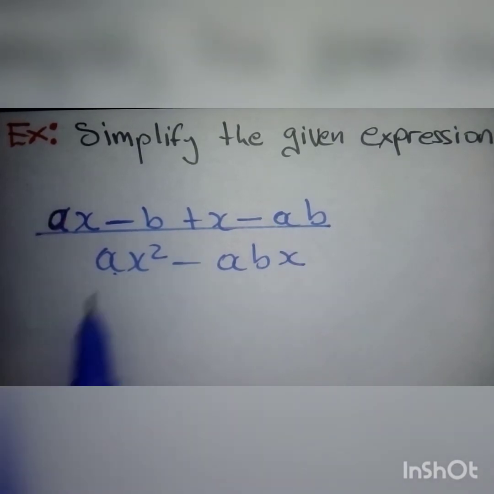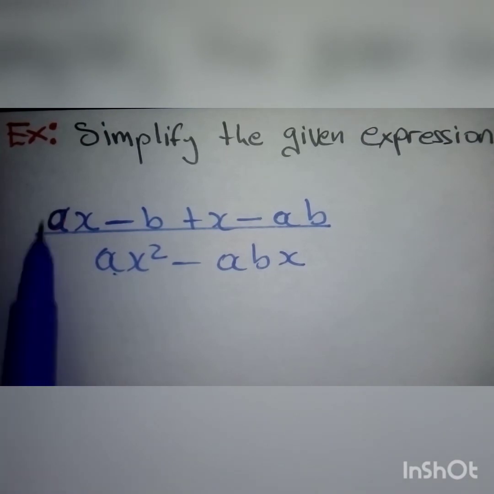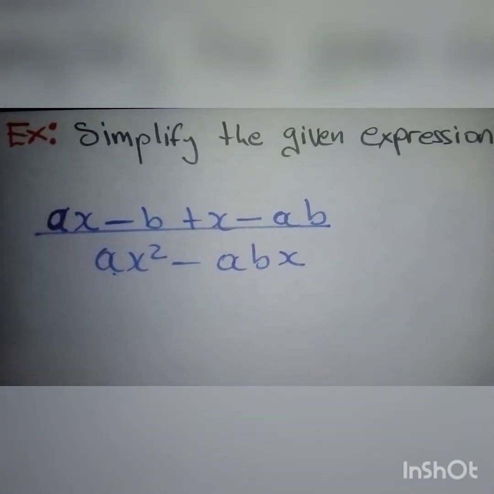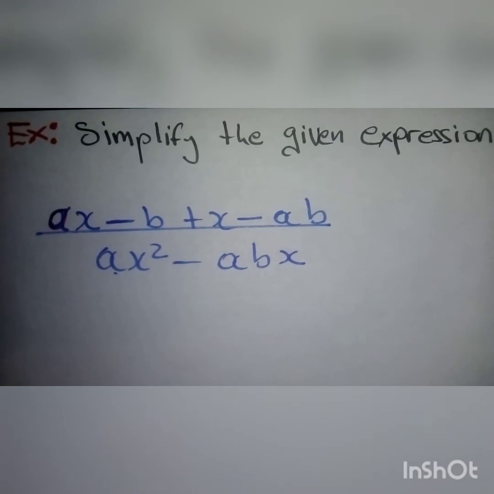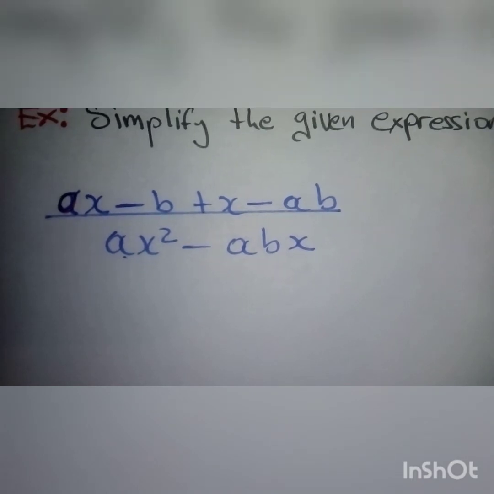We have the numerator and the denominator. In the numerator, what type of factorization are we going to use? We are going to use factorization of grouping terms. In the denominator, what type of factorization are we going to use? We are going to use factorization of a common factor.